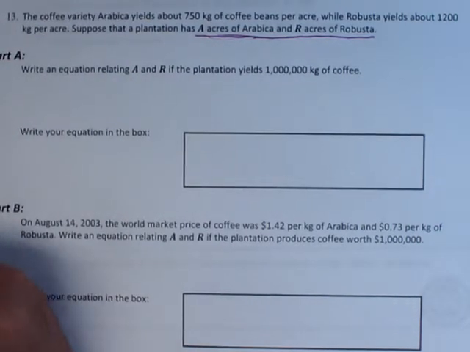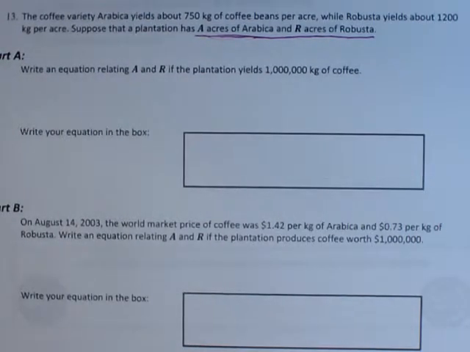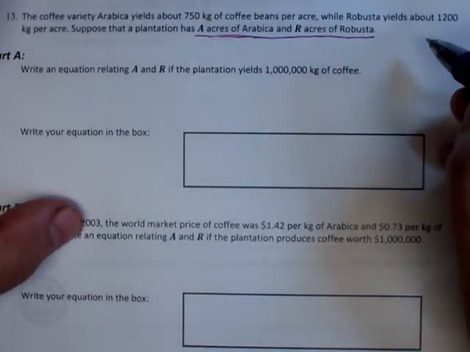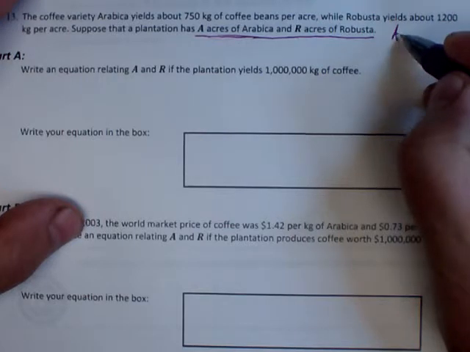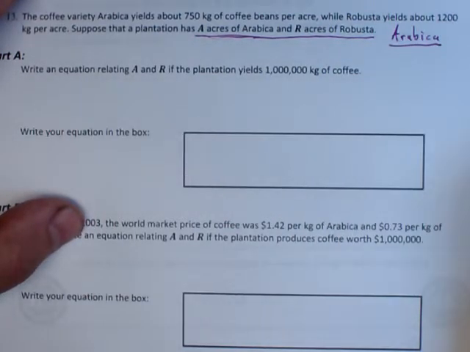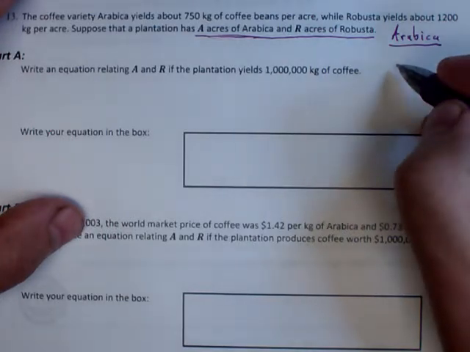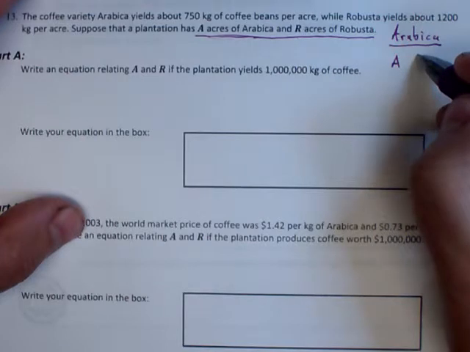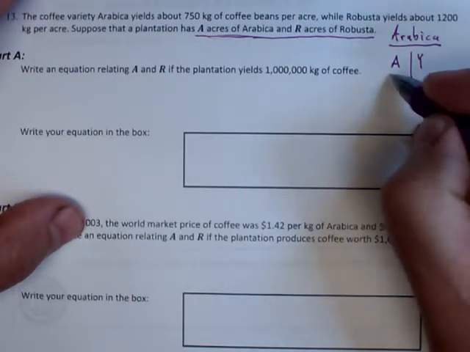So one thing that can be helpful when you're trying to write an equation like this is to get an idea of what's happening for just a few acres. So I would like to start by making a table. So for Arabica, A is the number of acres, and Y can stand for the yield.